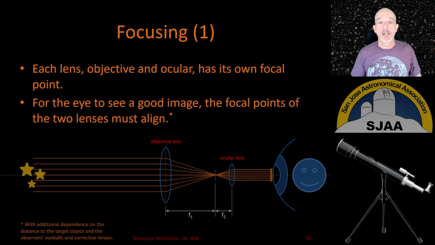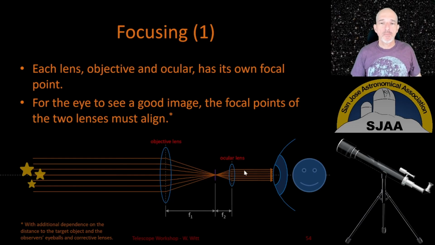And in fact, for the eye to see a good image, for the image to be in focus, we want these two focal points to align. Because if we do that, then we end up in a situation where the incoming parallel rays end up being parallel rays coming back out.